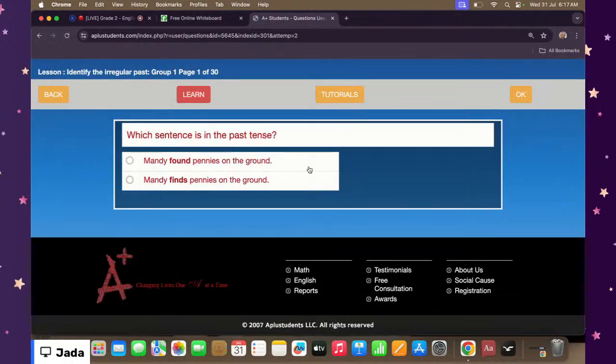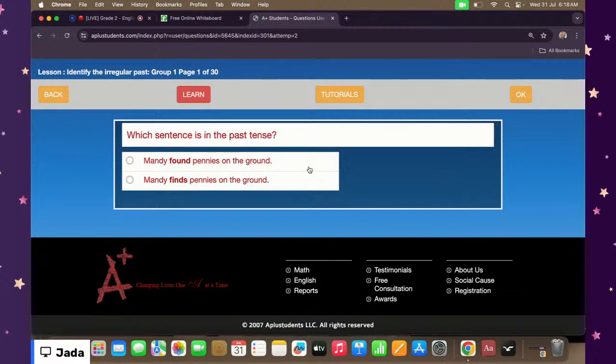All right, so we have which sentence is in the past tense. Which of the sentences is in the past? Please send me your answer on the chat box. Is it the first one or the second?